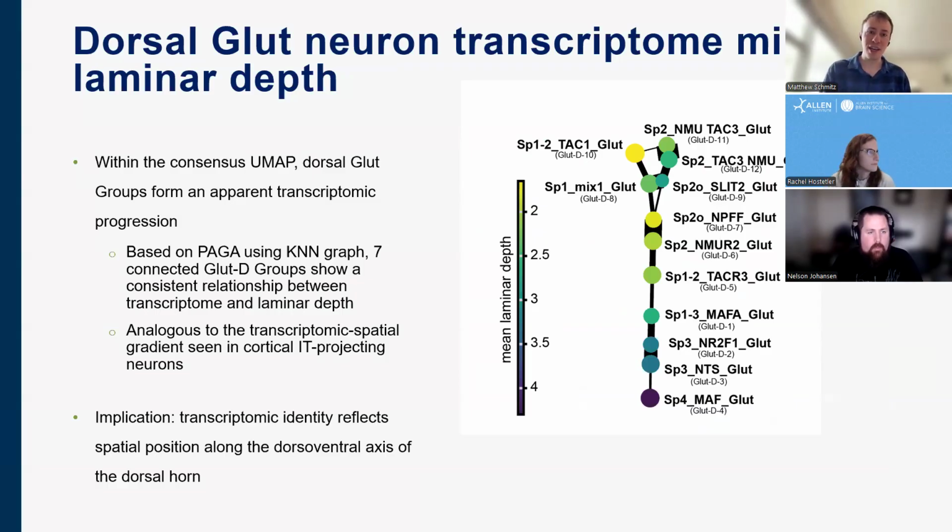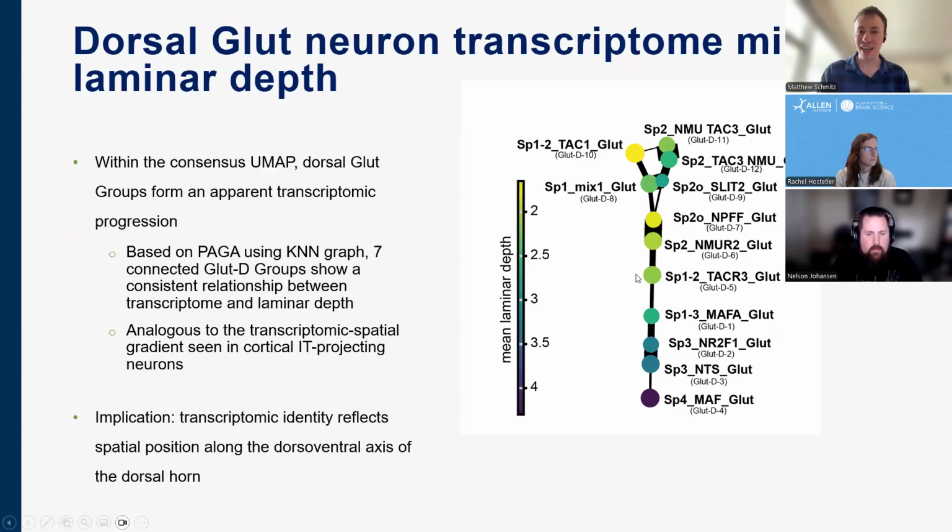And so we used this PAGA method from Fabian Theis's lab, which uses a KNN graph to ask which clusters are most connected to each other in terms of which are most similar in terms of transcriptome. And the answer is yes, 7 of these dorsal glutamatergic neuron types really fall into one below the next, where you can see from the color that they're getting more towards the dorsal.